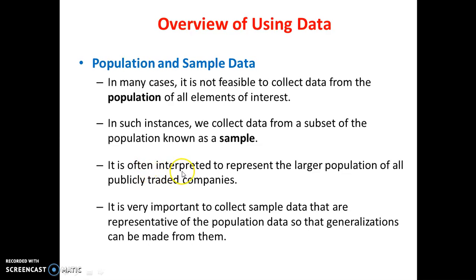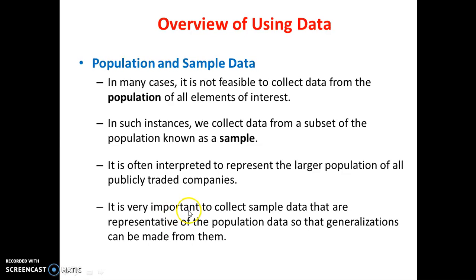It is often interpreted to represent the larger population of all publicly traded companies. Here, if you take a sample, the sample data will represent the population data, that is, the large population data.